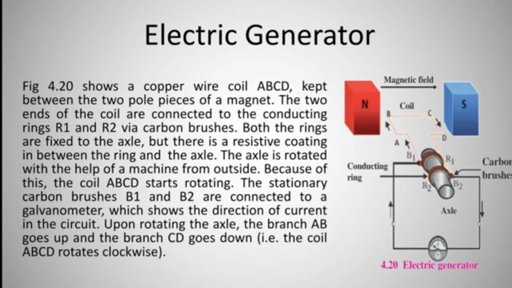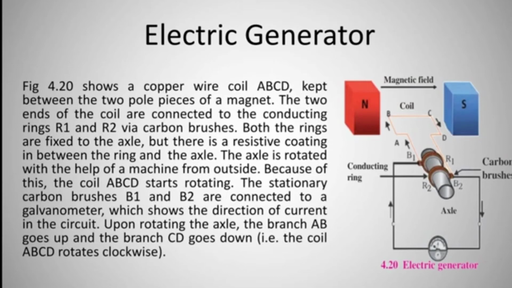The two ends of the coil are connected to the conducting wire rings R1 and R2 by carbon brushes. Both the rings are fixed to the axle, but there is a resistive coating in between the ring and the axle. The axle is rotated with the help of a machine from outside.